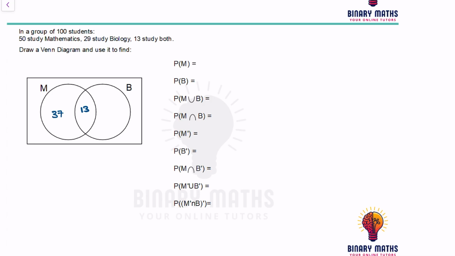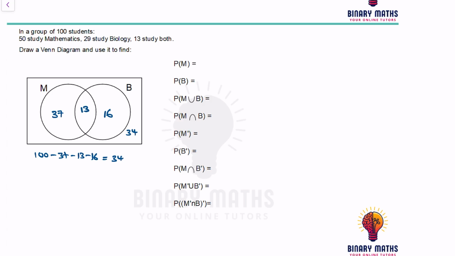And 29 take away 13 will be just biology, which is 16. Then 100 take away 37, take away 13, take away 16 must be the part on the outside, which is 34.